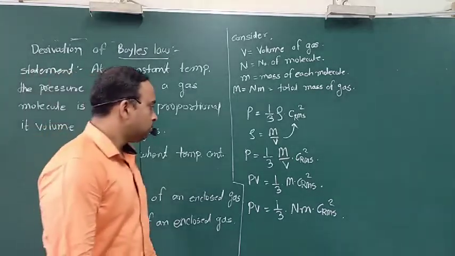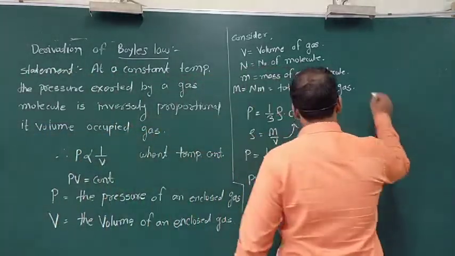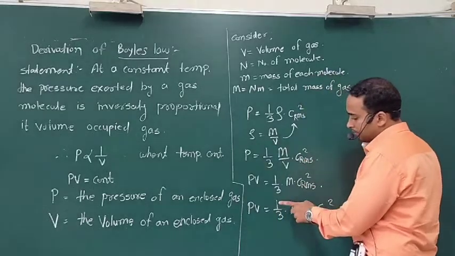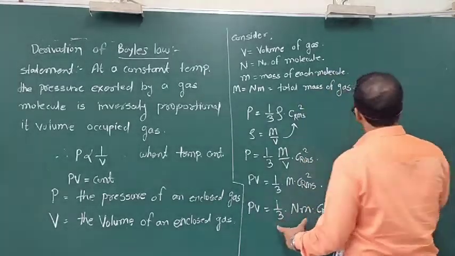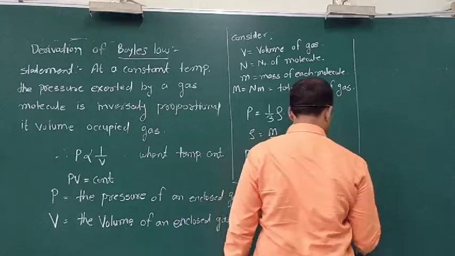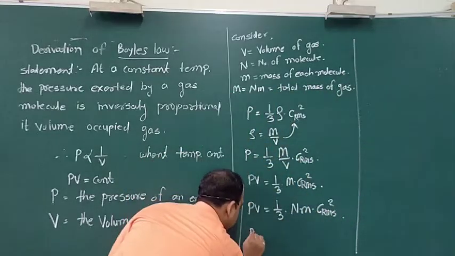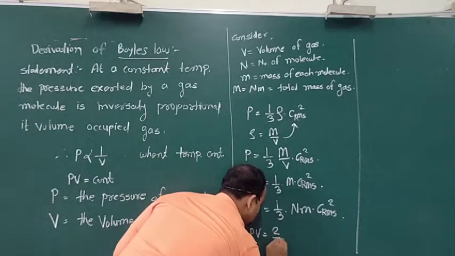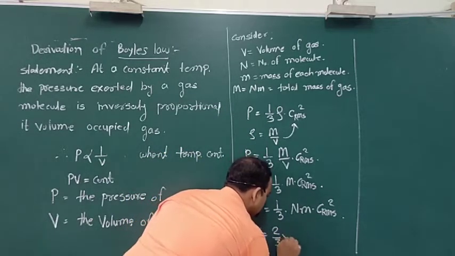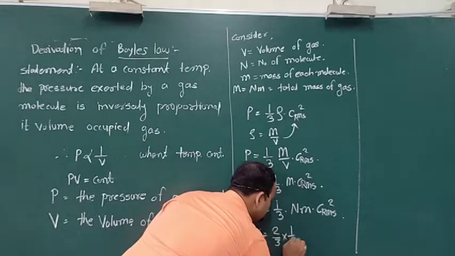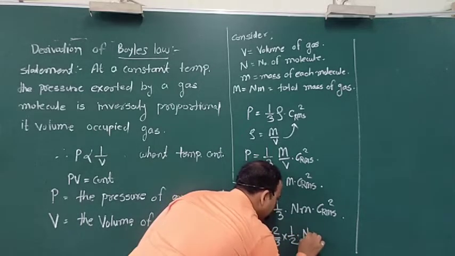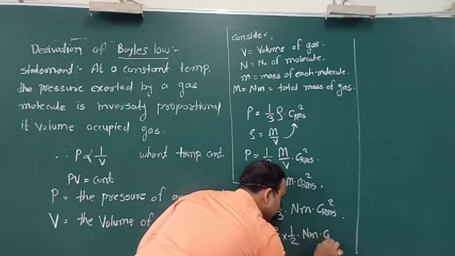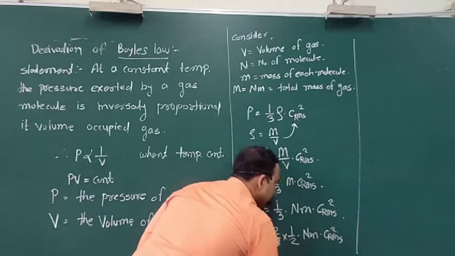Okay, so multiplying we can adjust this term. PV is equal to, this can be written as 2 by 3 into 1 by 2 into N into m into C RMS square.